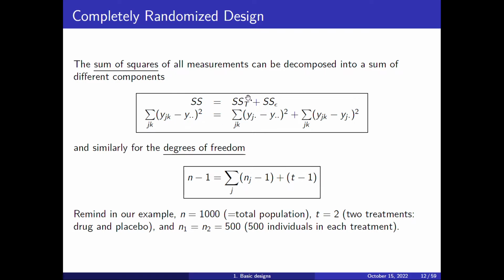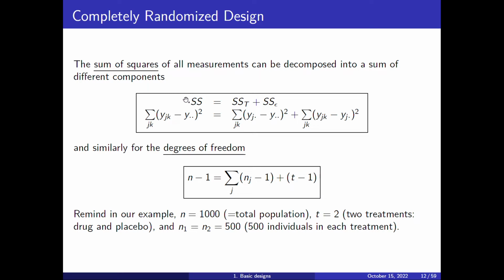And here we have the sum of the treatments, that is the difference between the group of that person and the overall mean, and the residuals, that is the difference between that person and the mean of its group. And we can make a similar decomposition of the number of degrees of freedom.